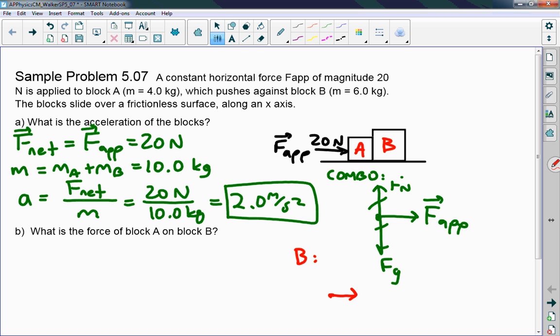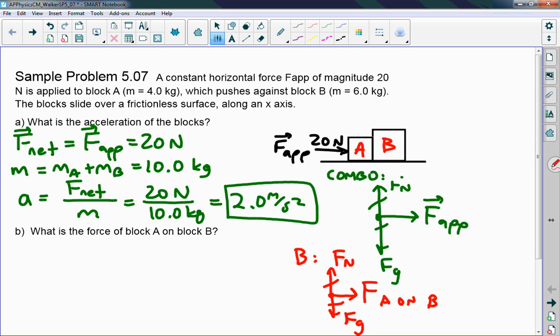Well, it's not being touched by the applied force. So the only thing that is making it accelerate is basically the normal force of the surface of A pushing on it, or the force of A on B. And then I've still got, of course, the table or the floor, and gravity, which cancel.